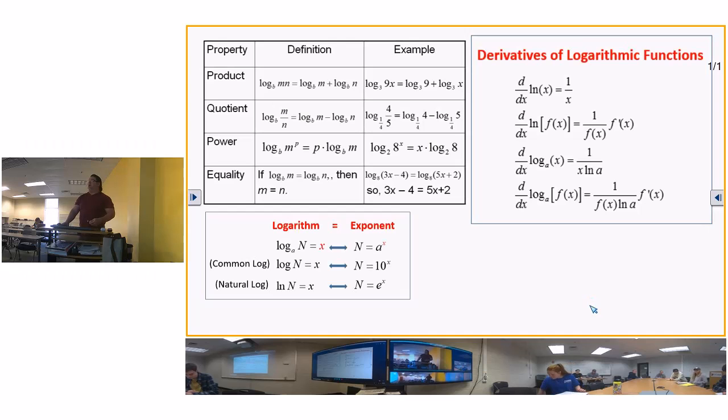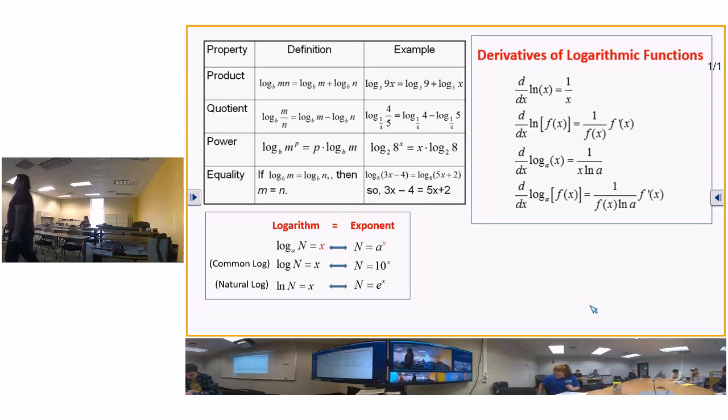Also add to that the antiderivative of e to the x is e to the x.